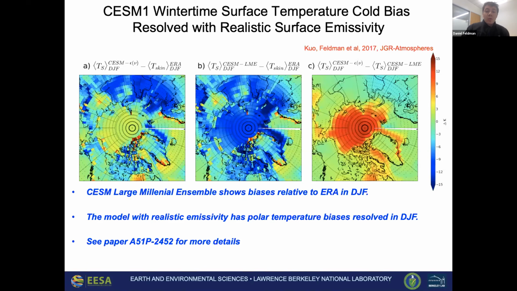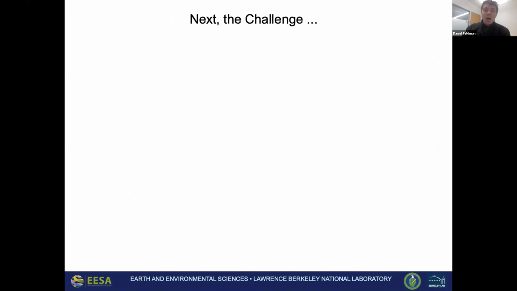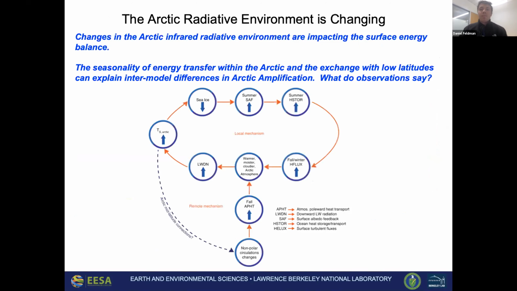And so basically realistic emissivity can largely resolve these biases, largely a sensitivity test of the models to this radiative process. And you can see this paper for more details, but it's an exciting possibility that this could resolve cold pole biases. The challenge that we noted is a talk on Friday morning.